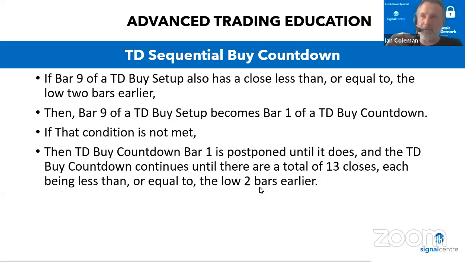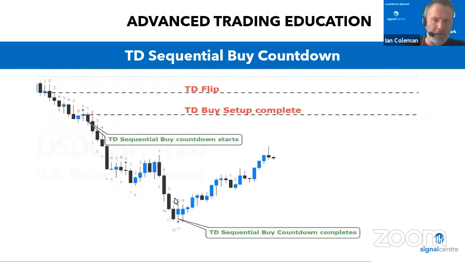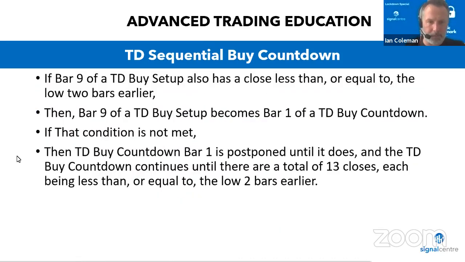In other words, it hasn't had a close less than the close 2 bars earlier for some time, but then it suddenly appears, and that's your signal potentially to get long or short of that product. So much easier to explain on a chart.